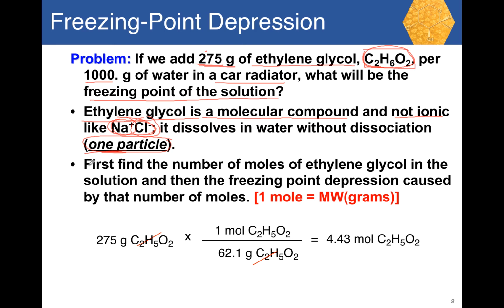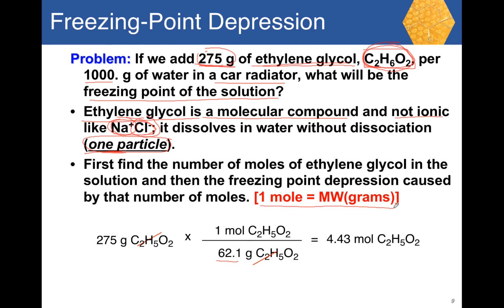Okay, next we need to convert the mass into moles. So first thing we do is to convert 275 grams of ethylene glycol to moles. Here is the molecular formula. So you need your periodic table. Look at the atomic weights for these atoms, add them up, and what you should get here is 62.1 grams per mole.